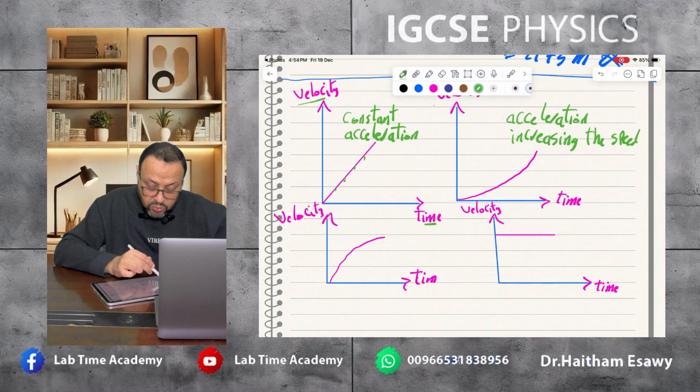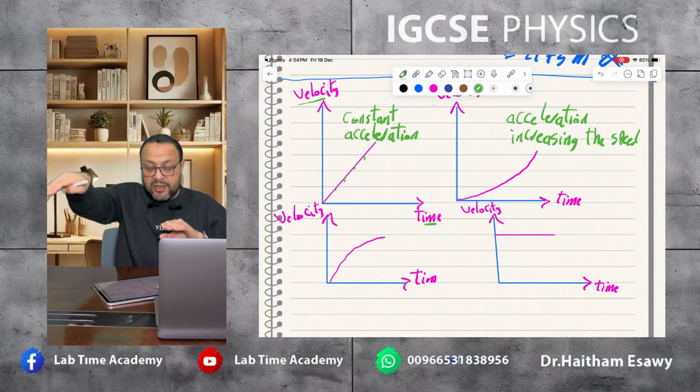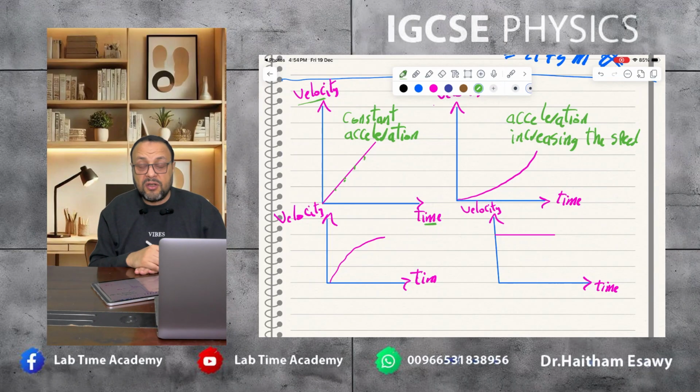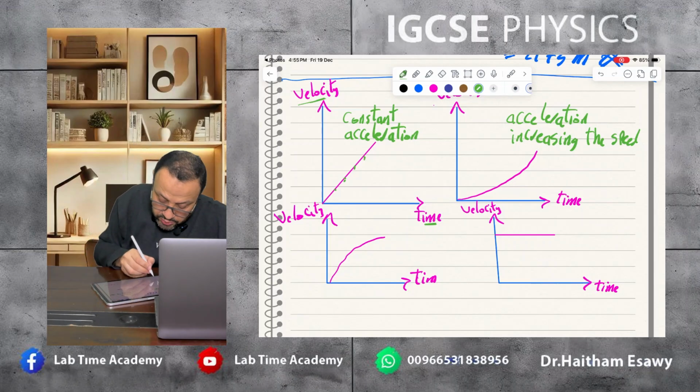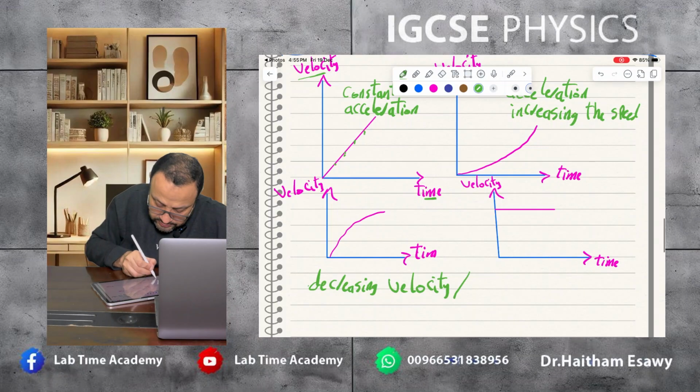Increasing the velocity means acceleration. The third one, we have velocity time, but we have a curve for the graph. So we have a decrease in the velocity, or deceleration. Decreasing velocity or deceleration.